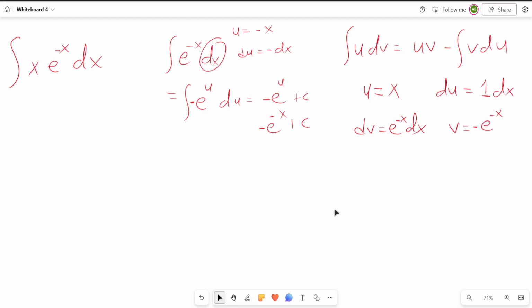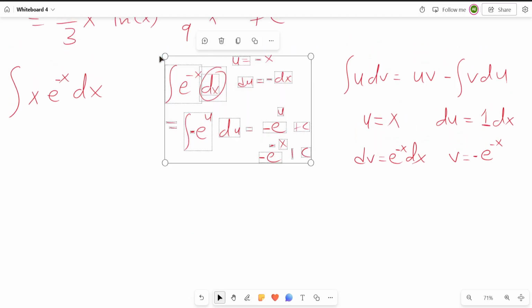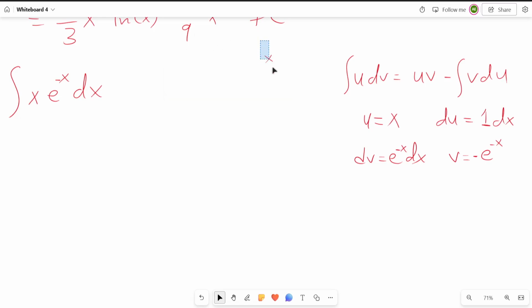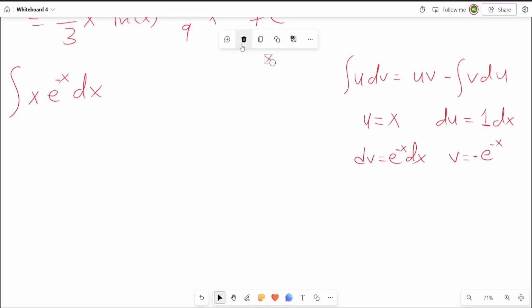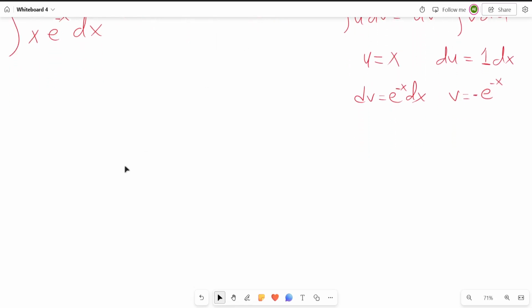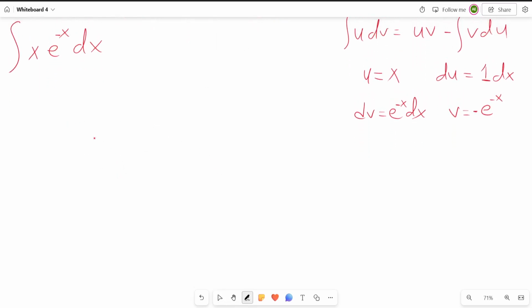Okay? So let's erase all this. Okay, so now I got my u, my dv, du, dv, everything is set. Let's start using our equation. So this is going to equal uv, which is x times negative e power negative x, minus integration of v du, which is negative e to the power of negative x, times du, which is basically dx.